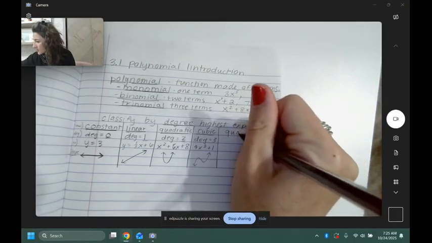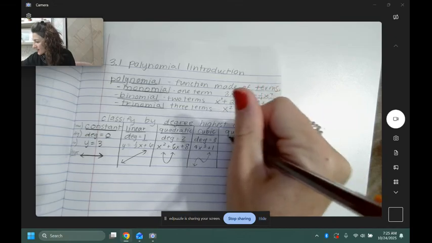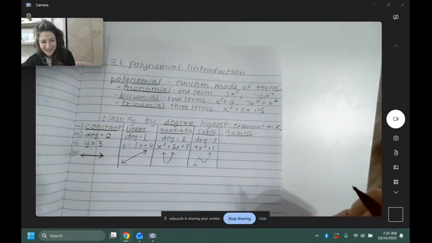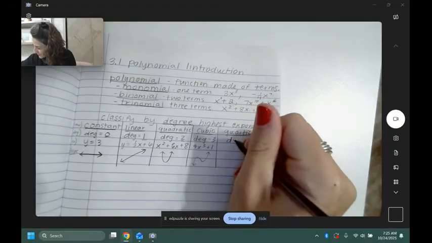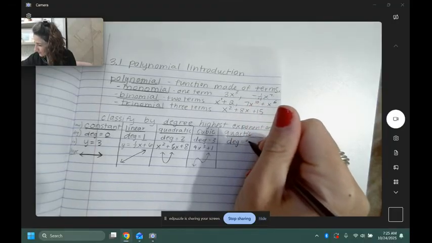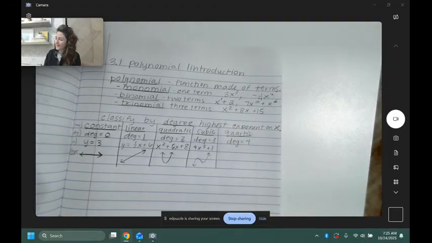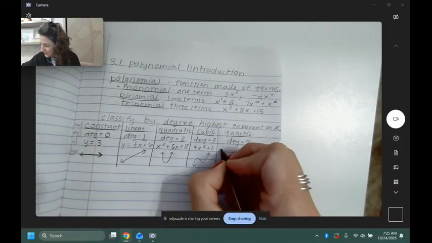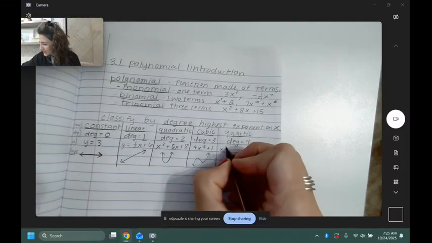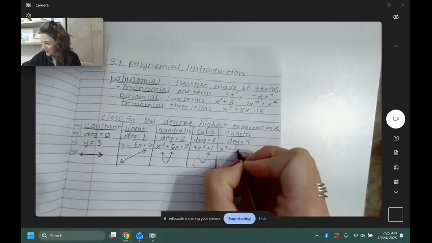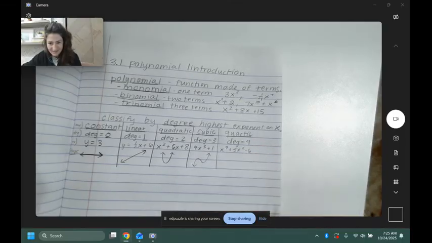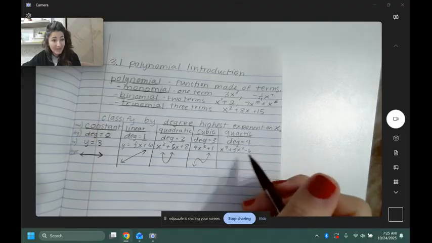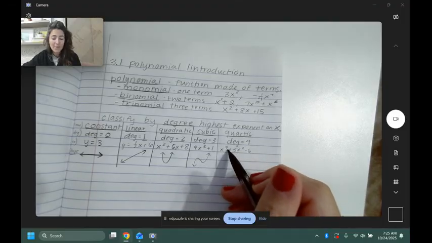And then a quartic. Oh, it totally fit. This is my last one. Excellent. This is where the degree is 4. So if the degree is 4, that means my highest exponent is 4, something like x to the 4th plus 3x squared minus 6. Trinomial, but the highest degree is 4.